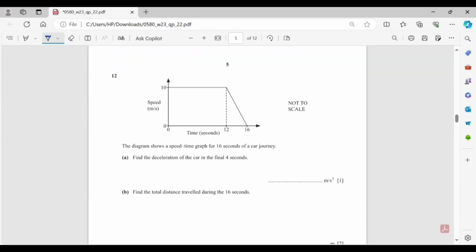This is a speed time graph question. The diagram shows the speed time graph for 16 seconds of a car journey. Find the deceleration of the car in the final 4 seconds.